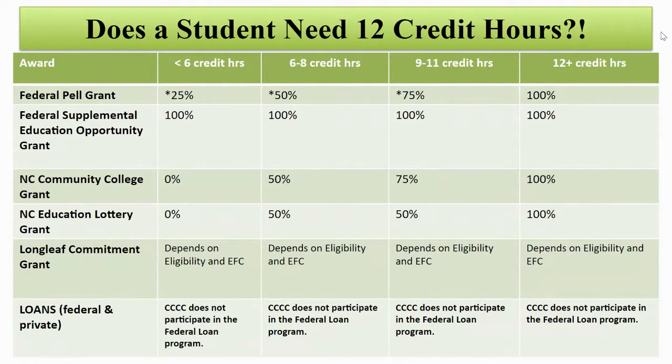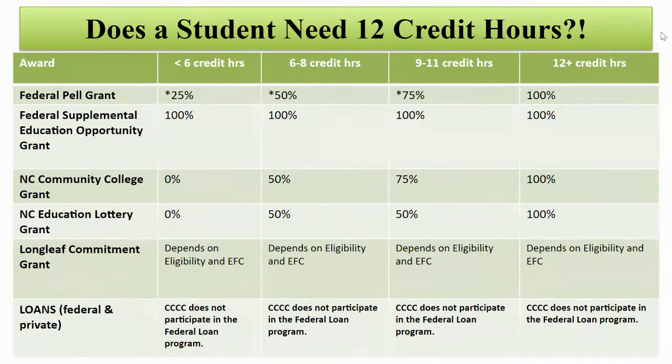The College Community Grant and the Education Lottery Grant, these two are state grants. You must be in at least 6 credit hours to receive any kind of financial aid from these two grants. The Longleaf Commitment Grant, that's something new for the 2021 graduates.